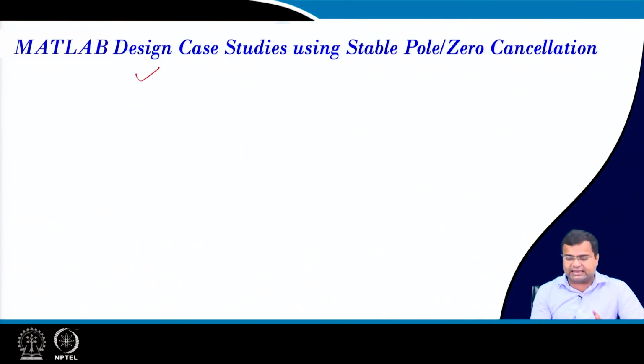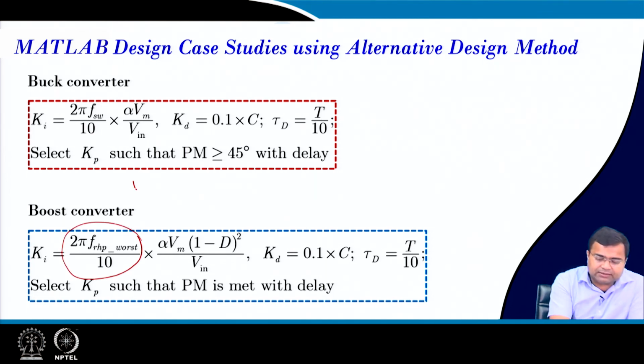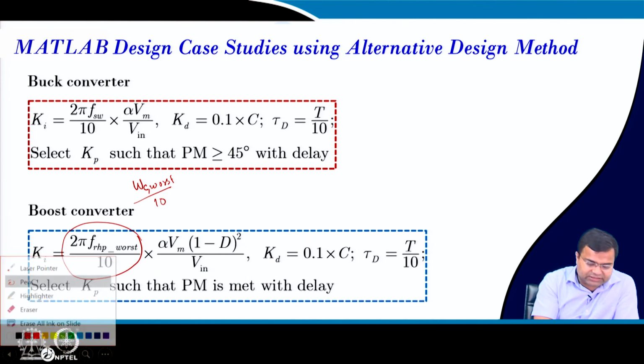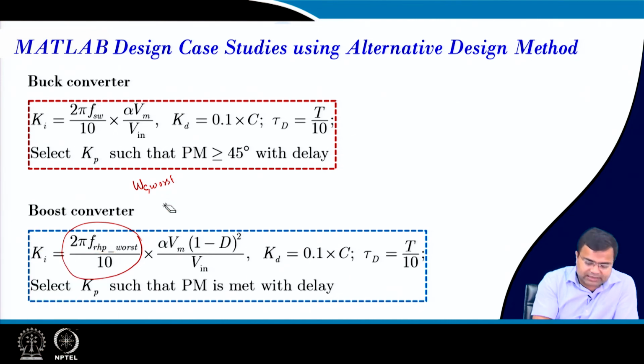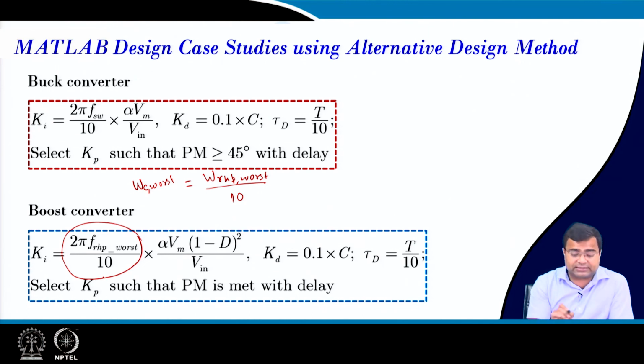That means for the integral gain selection, this particular expression is nothing but omega c worst case, which is the worst case RHP0 divided by 10, just to be on the safe side, and that means it is 2 pi, and that is the expression, and this expression we already have from the boost converter design.